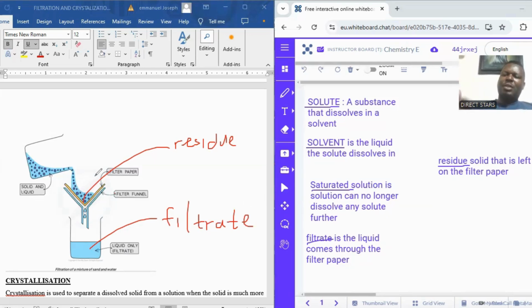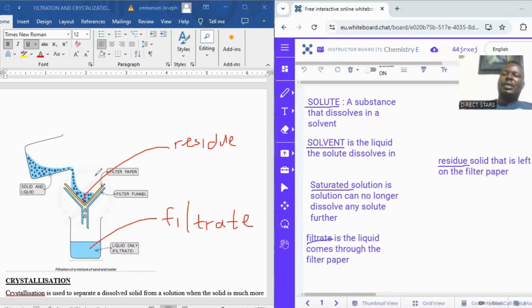So with this technique, you can separate insoluble solids such as sand, powders like talc powder, pollen grains, starch powder, mixed in water.